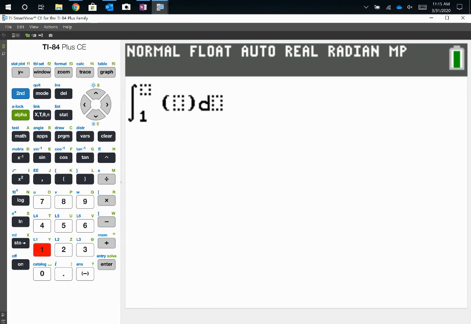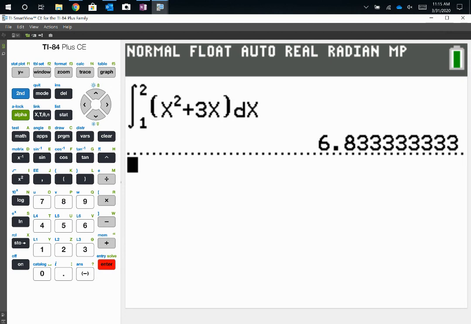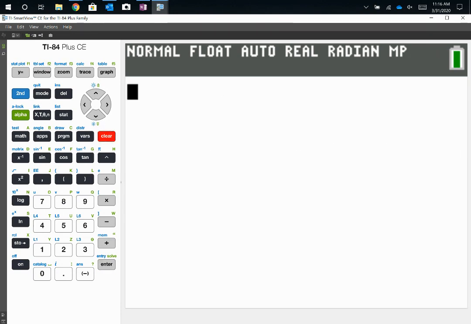1, 2, x squared plus 3x dx. Oh, crap, I'm integrating the wrong thing.